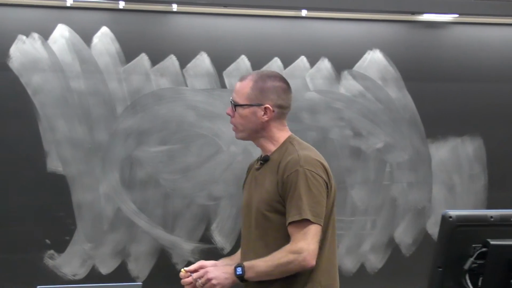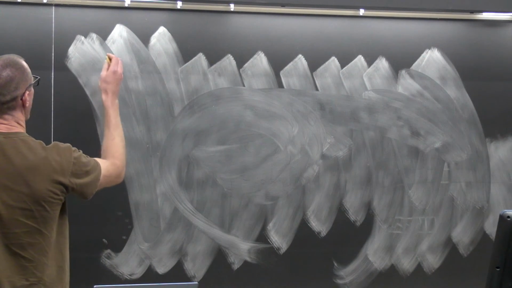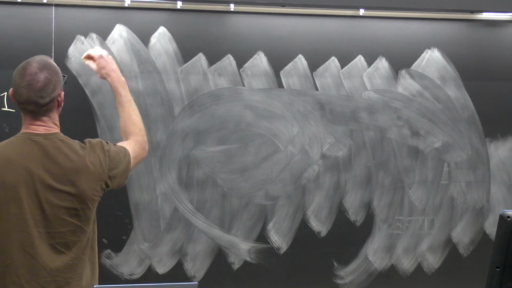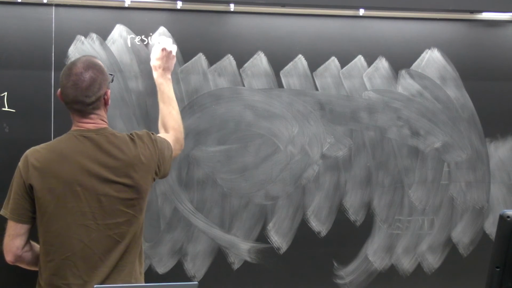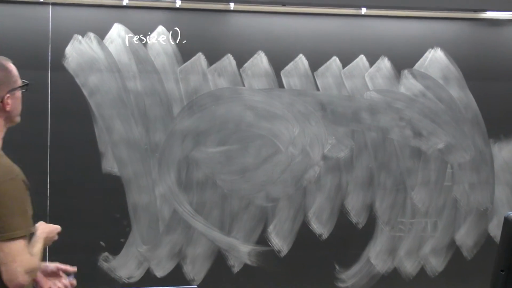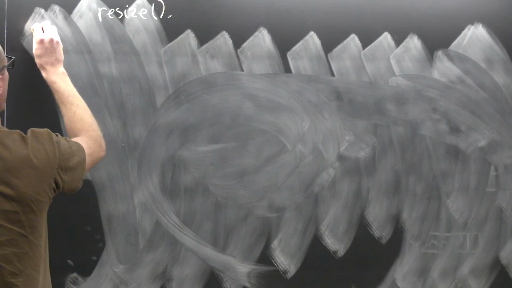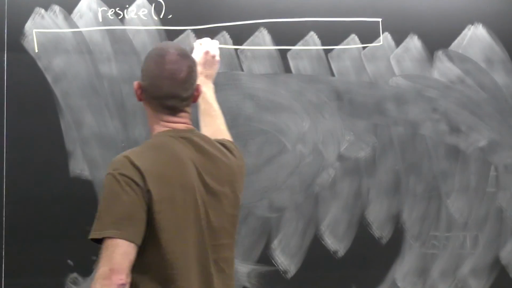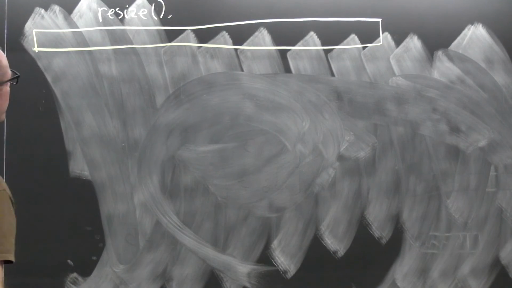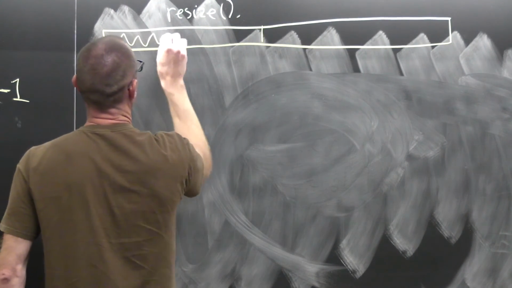So what we're going to do is look at two consecutive resize operations. Let's say we resize, and after we resize, we have a pretty good picture of what things look like. Our array looks like this.